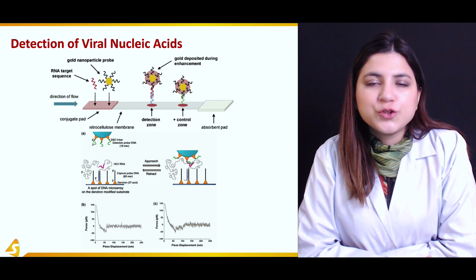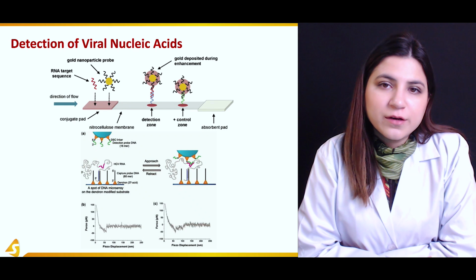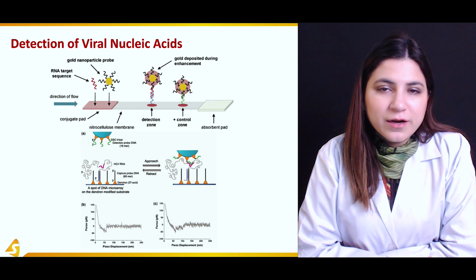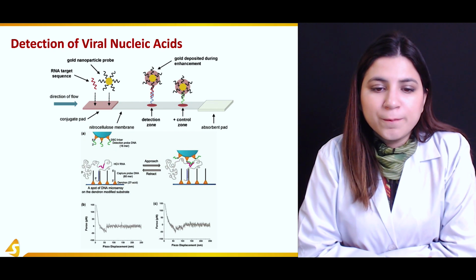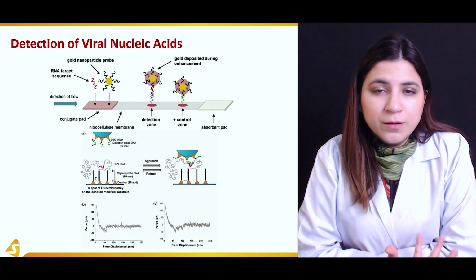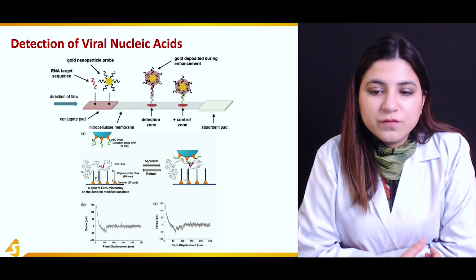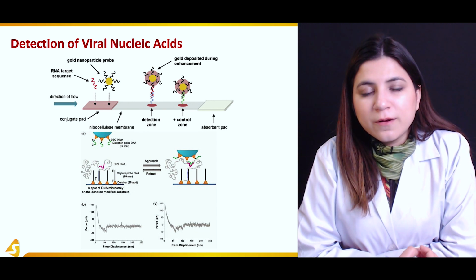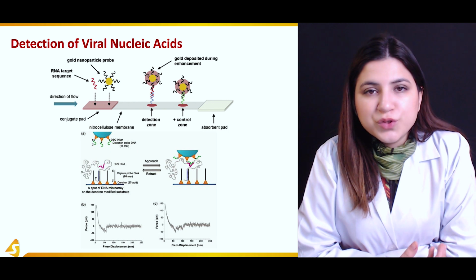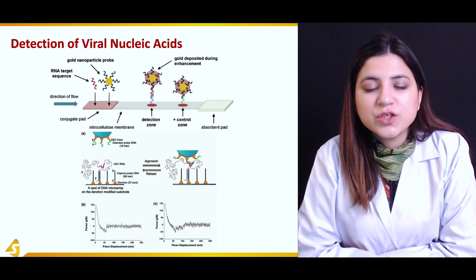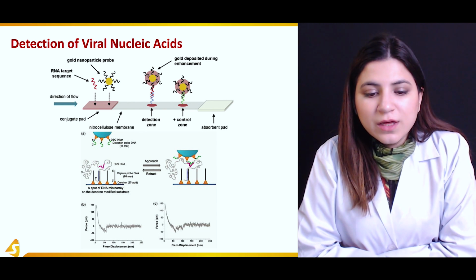So this again shows how we can detect the presence of viral nucleic acid inside a sample. We have targeted RNA, where we are using gold nanoparticles as probe. And if the gold deposition is complementary to the RNA or the nucleic acid that is present from a particular infection, then we can actually detect that.